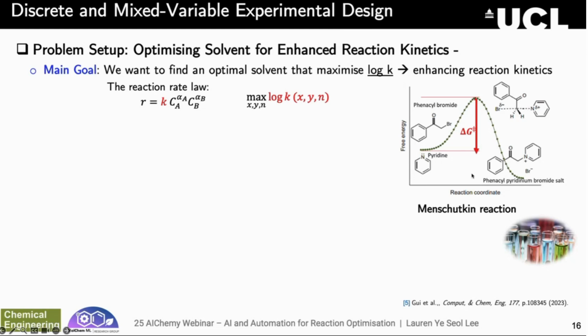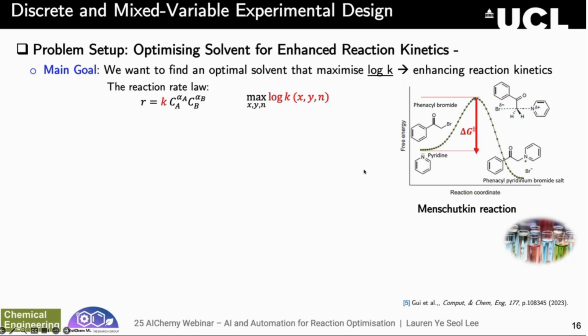which is about solvent optimization, solvent design to maximize reaction kinetics in a Mannich reaction. So you already know the role of solvent in reaction. Basically, by choosing a suitable solvent, you can reduce the reaction activation energy, meaning you can enhance the reaction kinetics.